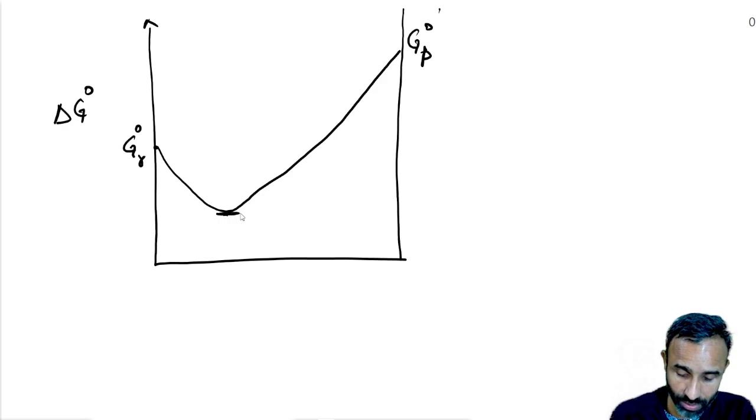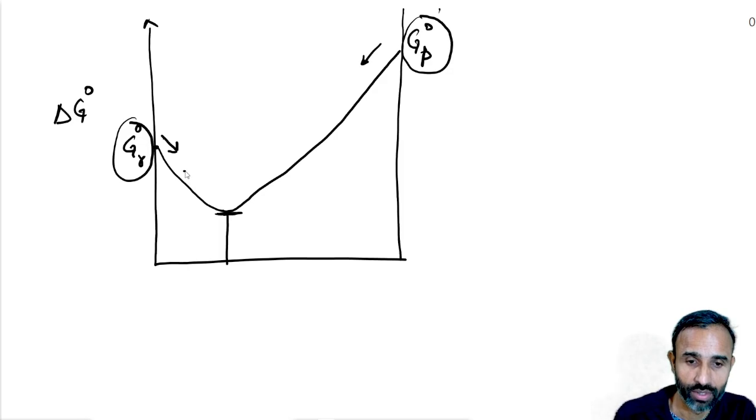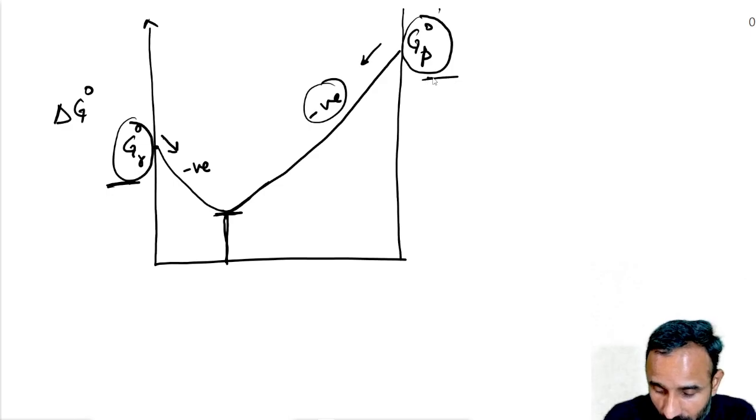So this is the minima. That means whether we start from the reactant or from the product, the reaction should come to equilibrium, because if we start from here, we will have delta G negative, and from the other side again negative. So at equilibrium it is 0, because the reaction will come to equilibrium either from the reactant side or the product side.